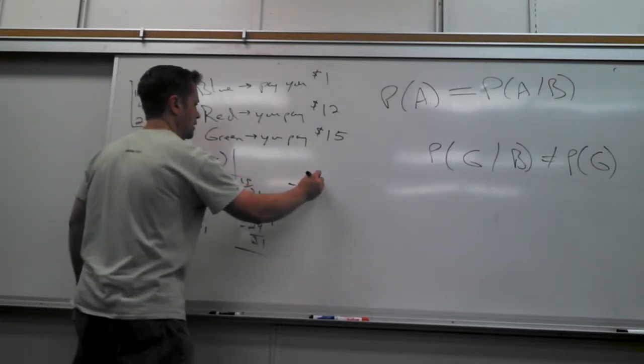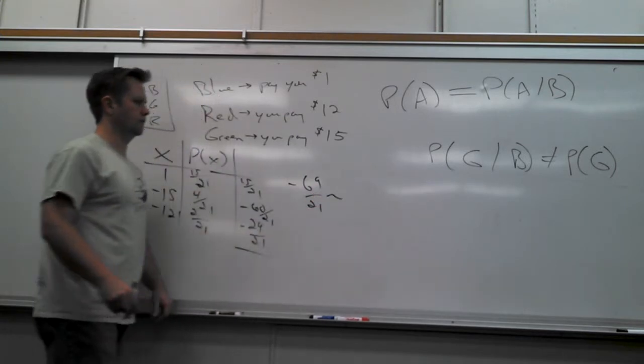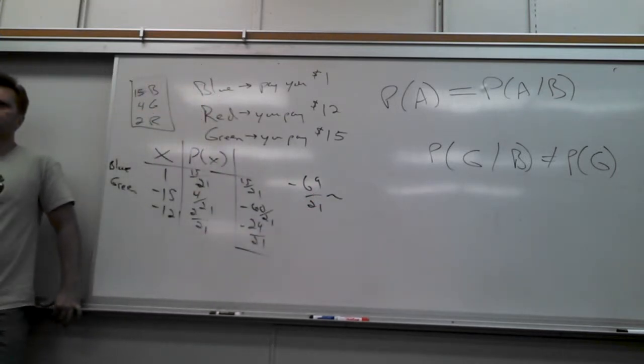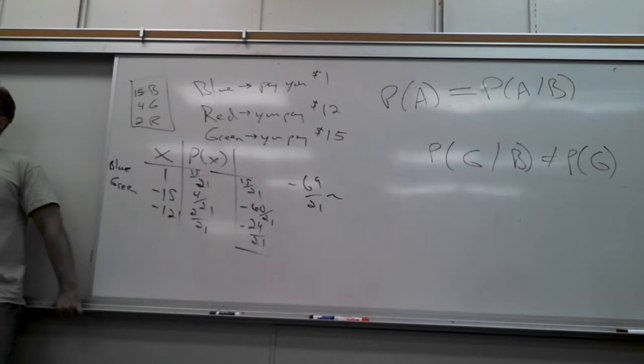Yeah, so negative 69 over 21, which is a lot. Something, right? Negative 3.42. All right. I'm trying to remember the trick for 7.